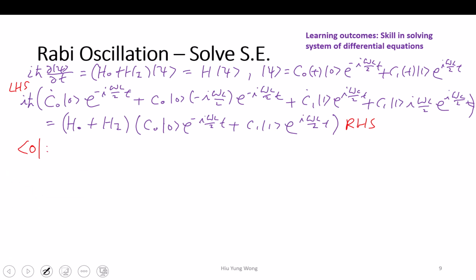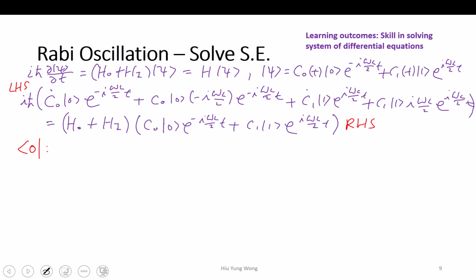Well, the first thing is these are all scalar. So when it sees 0, 0 inner product 0 is going to give me 1. But 0 inner product 1 is going to give me 0. So this will be gone, and only this will be left over, right?